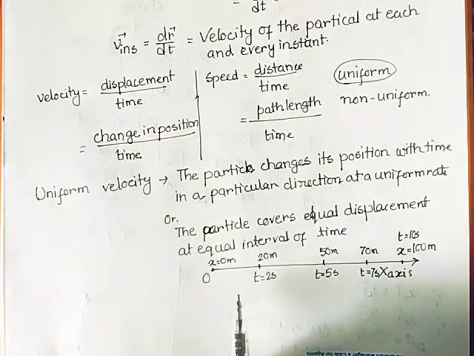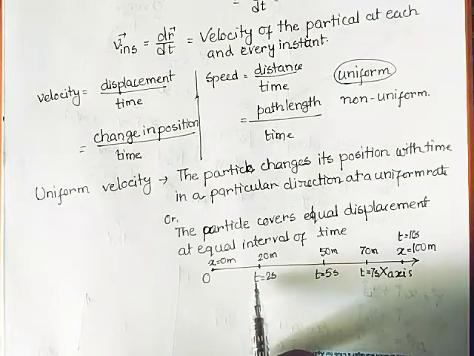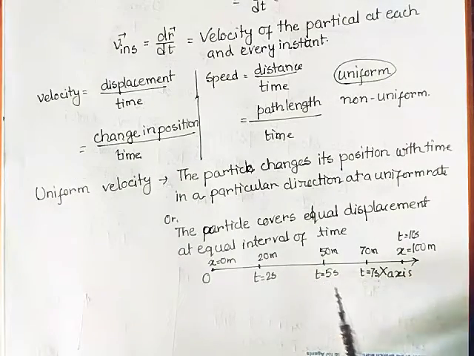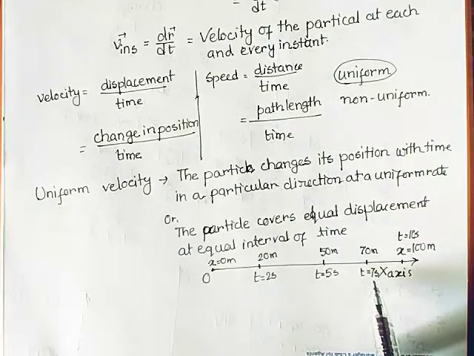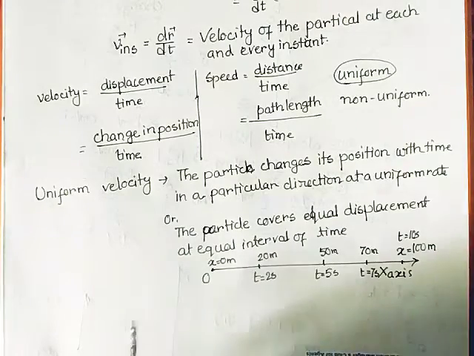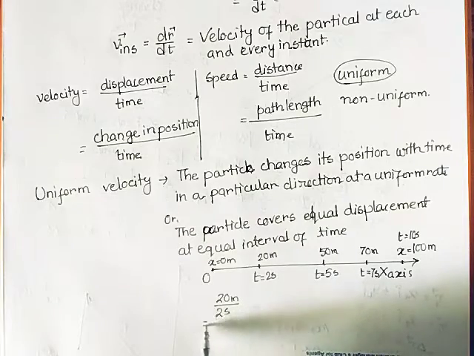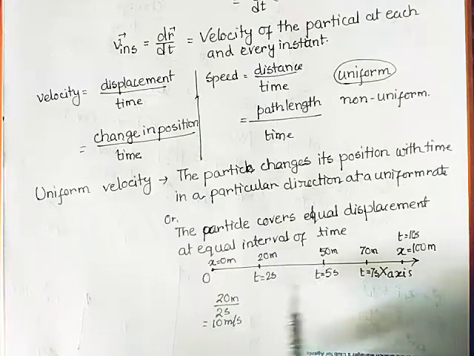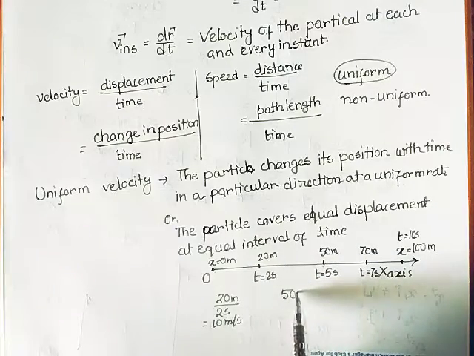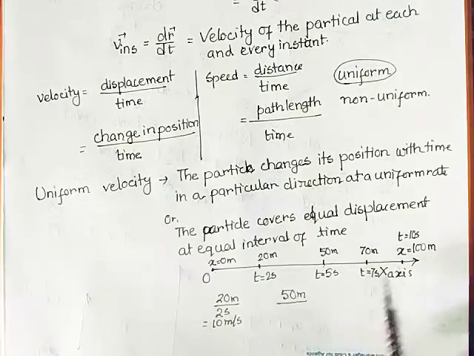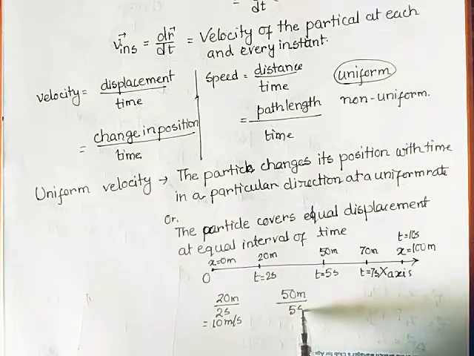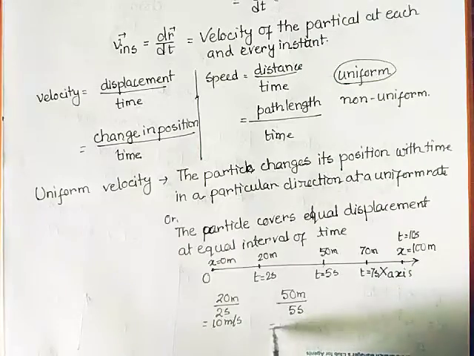So if I calculate the velocity after t equal to 2 seconds, 5 seconds, 7 seconds, and 10 seconds, what will it be? The velocity here is 20 meter divided by 2 seconds, which gives 10 meter per second. From here to here, the displacement is 50 meter along the x-axis and the time is 5 seconds, so it is 10 meter per second.